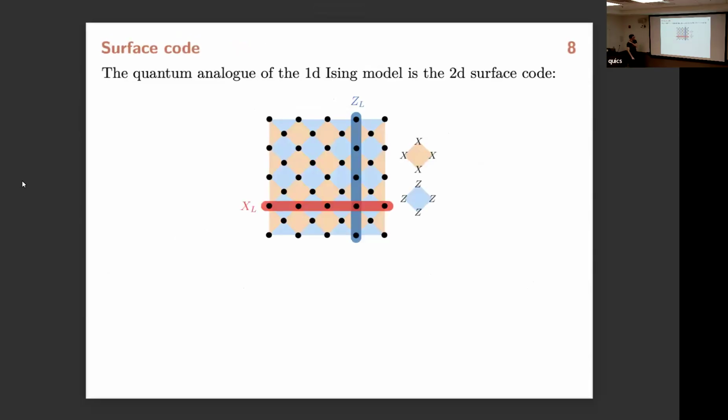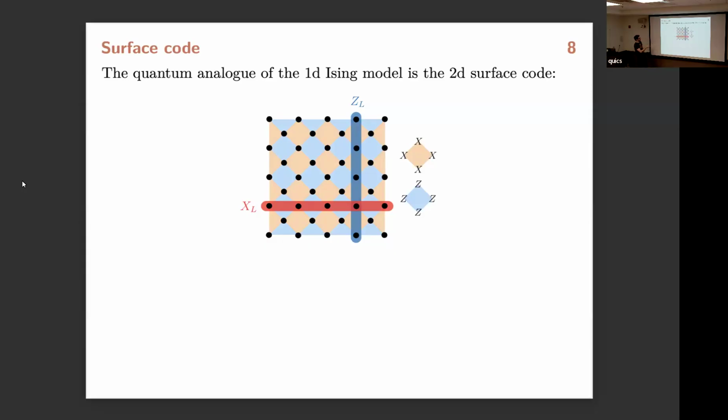Okay. Like the 1D Ising model was our physics-inspired workhorse for classical codes, there's a quantum analog of the 1D Ising model called the 2D surface code, which will be our workhorse for quantum codes. So here's an illustration of the 2D surface code.